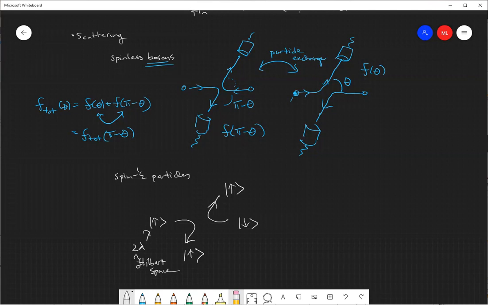So basically what will happen is that your scattering amplitude is no longer just a simple number, like a complex number. What does f have to be instead of just a number?